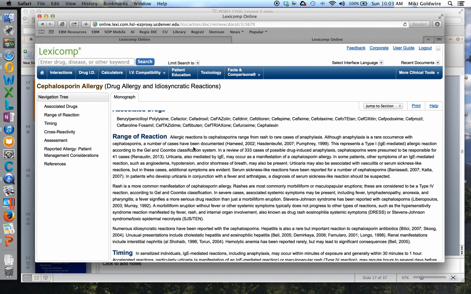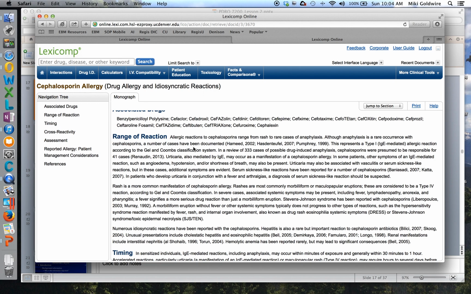From this reading, we can conclude that this patient has a type 1 allergy that can manifest as angioedema, hypotension, and/or shortness of breath. It's probably not a good idea to give her any penicillins or first-generation cephalosporins.